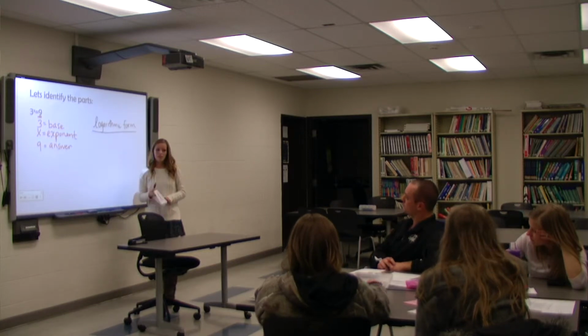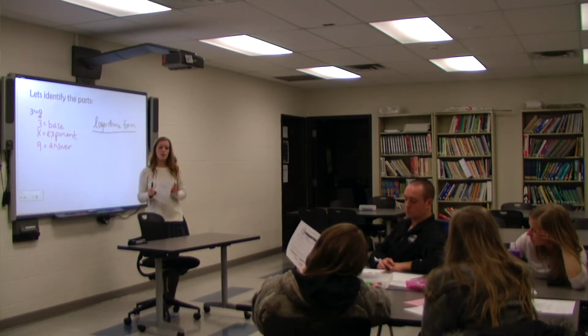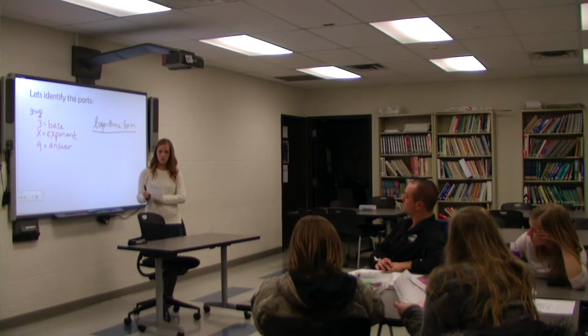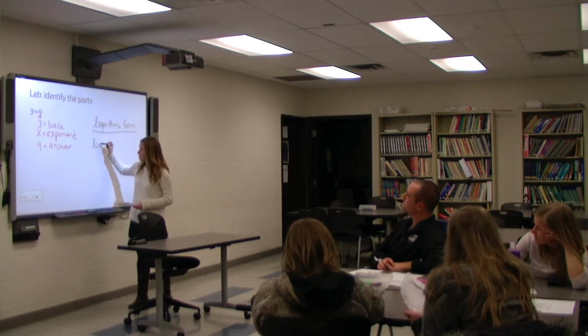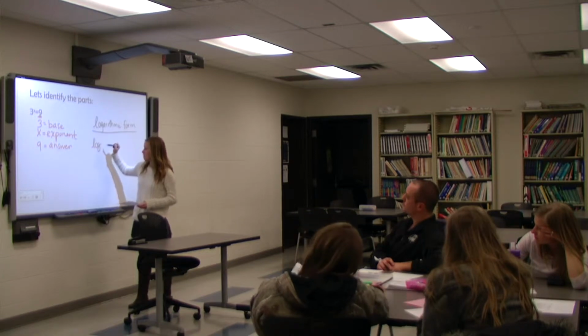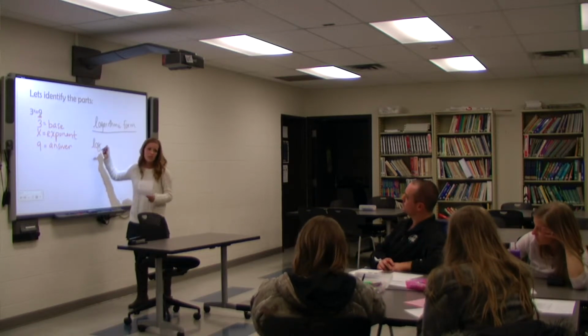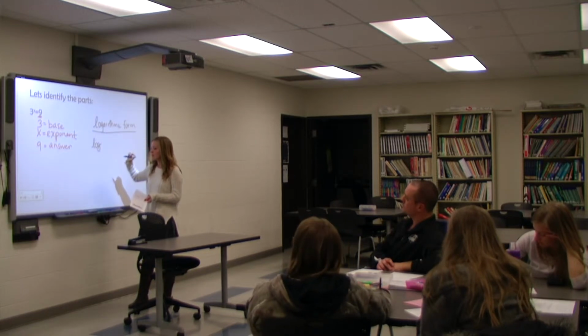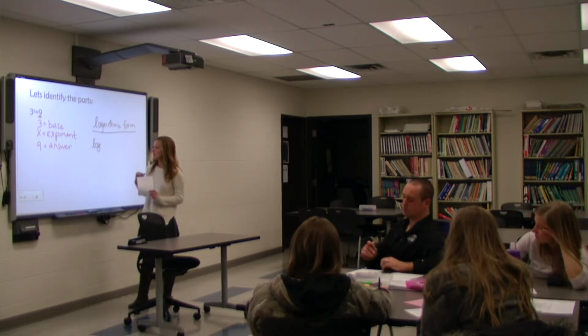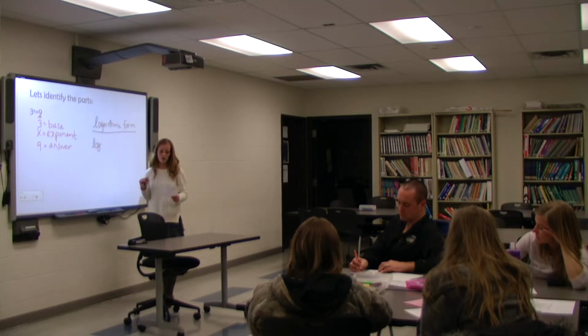Note sheet, can anyone tell me what the first thing we write down is from exponential to logarithmic? Log. Good. So I do a fancy L, don't have to, but it just kind of differentiates it from the word log, but that's usually how it's written, so we'll go with that.